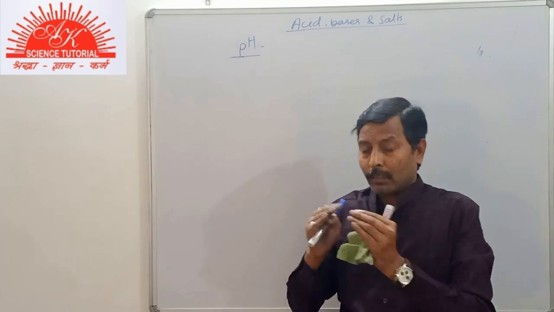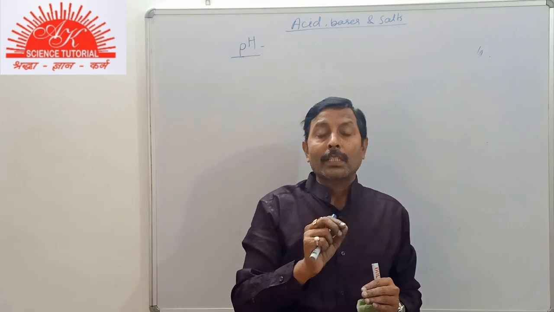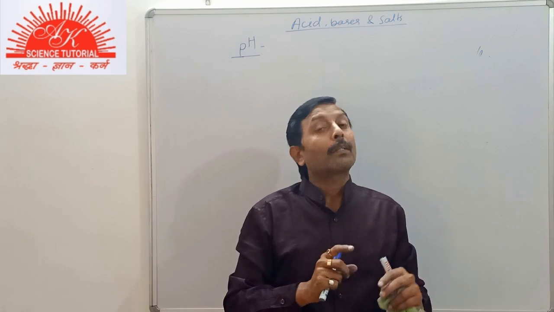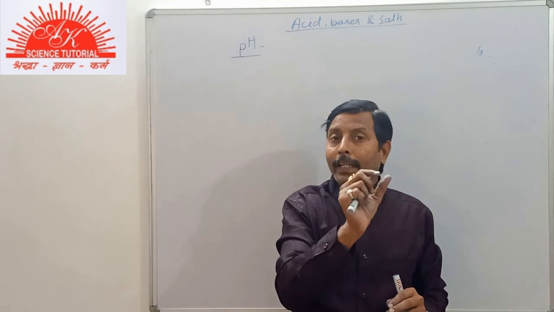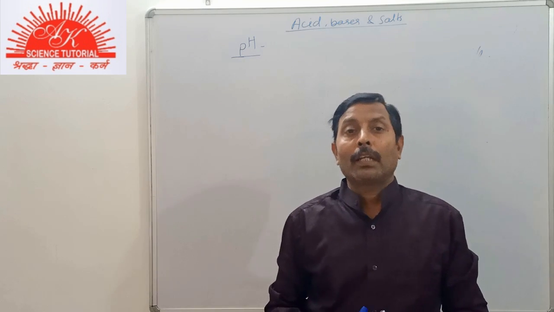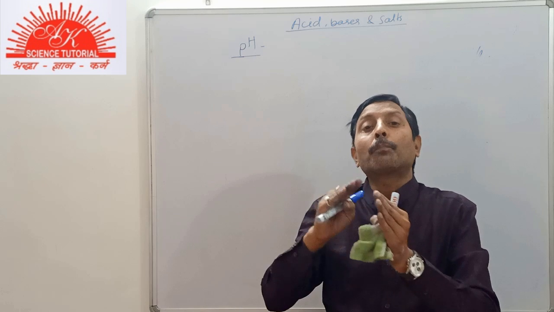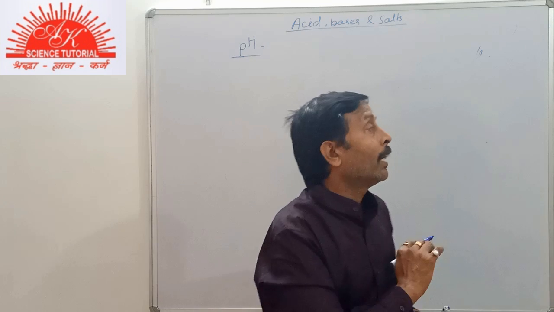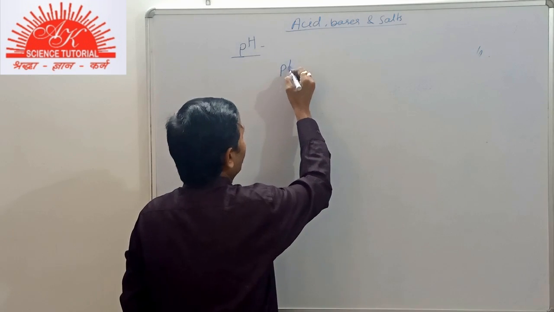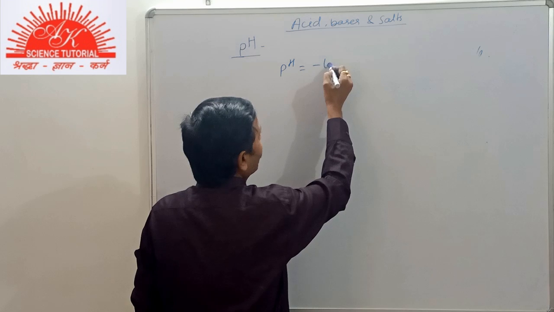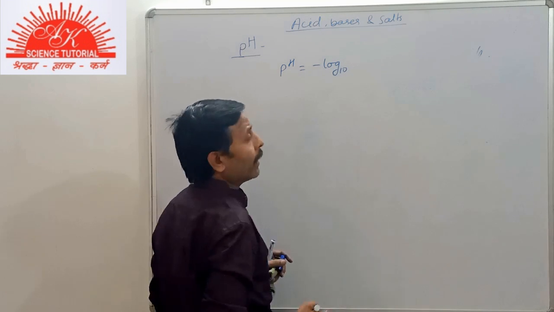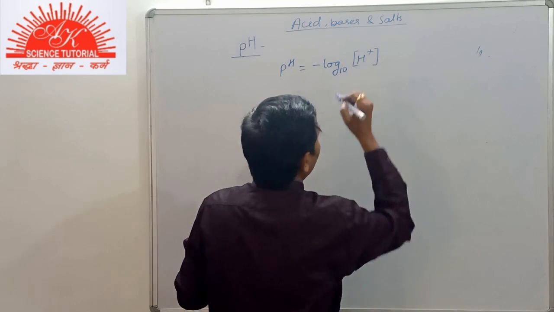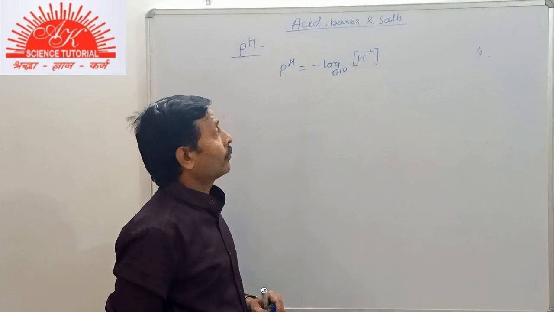Again, remember, the pH of a solution is the negative logarithm at base 10 of H plus ion concentration expressed in moles per liter. According to the definition, you can write it mathematically: minus log at base 10 for H plus ion concentration.